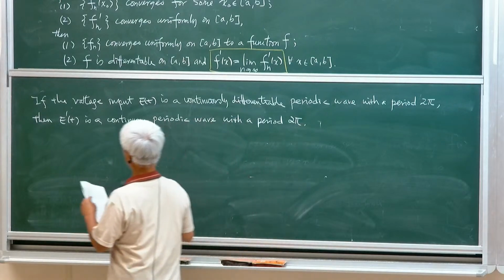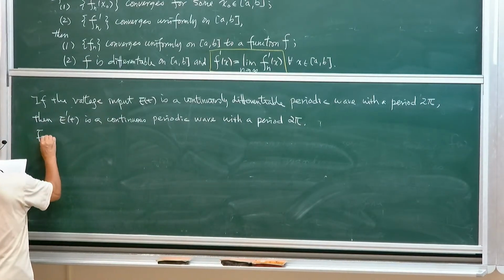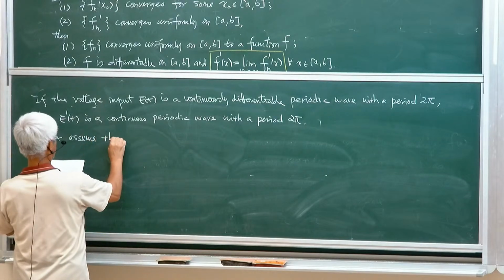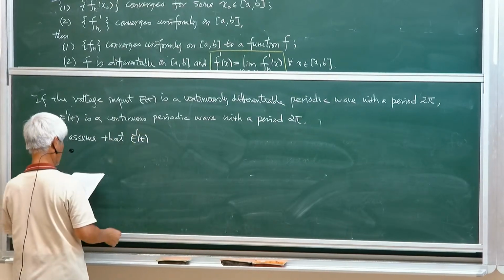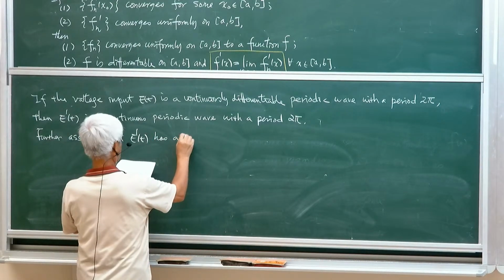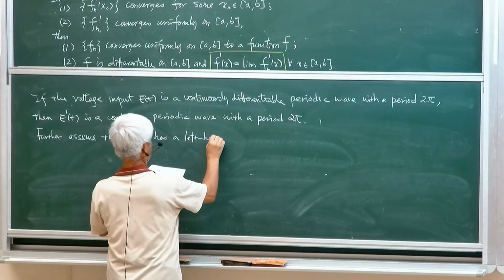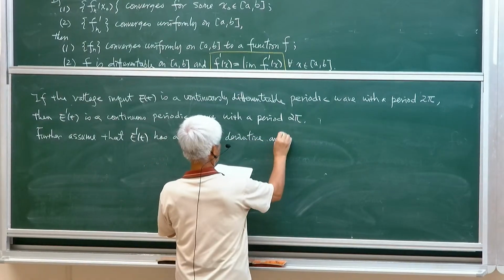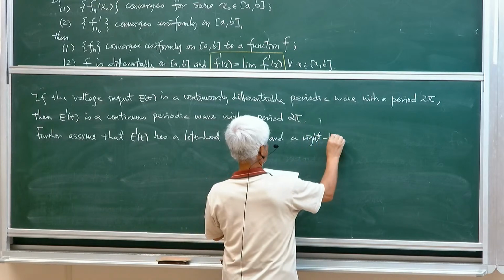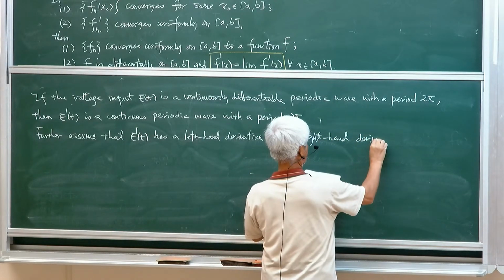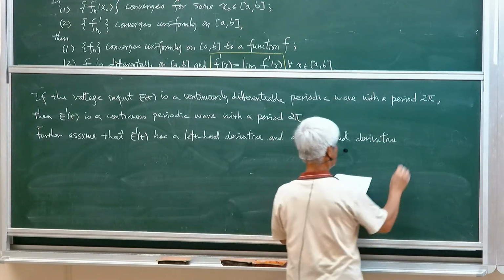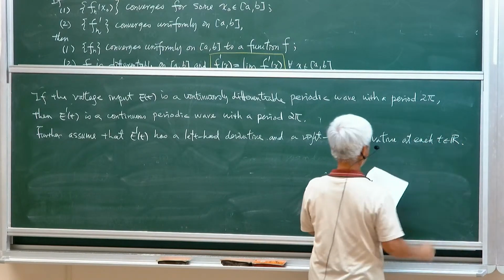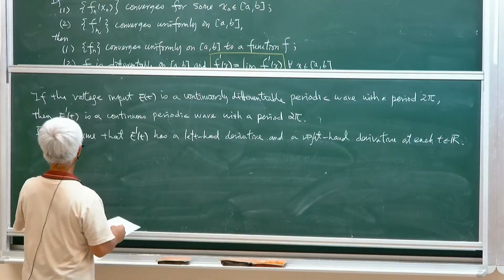And we further assume that E prime of t has a left-hand derivative and a right-hand derivative at each t in R. So this is very common.